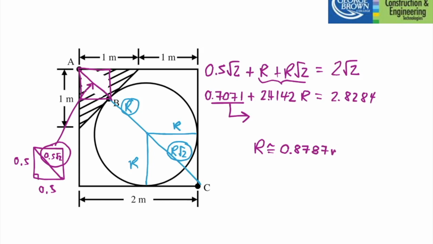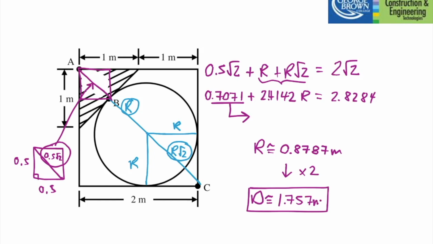So anyway, r is approximately 0.8787, and of course if you double that, you'll get the diameter, and the diameter to the prescribed precision in the question, which I believe is 3 decimal places, is 1.757 meters. So that's that.